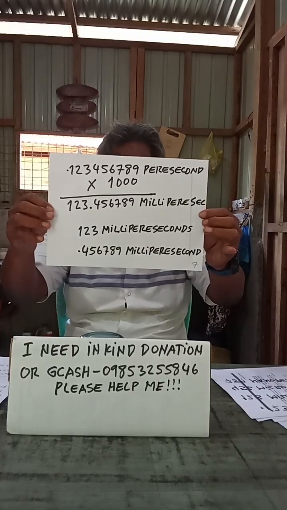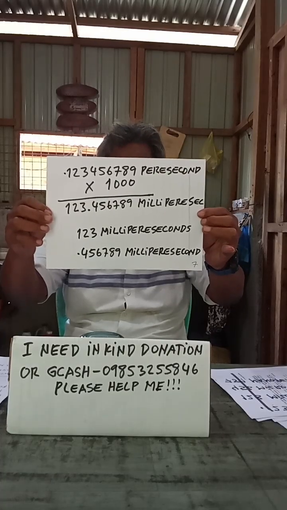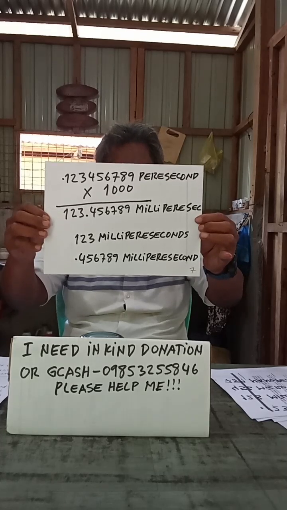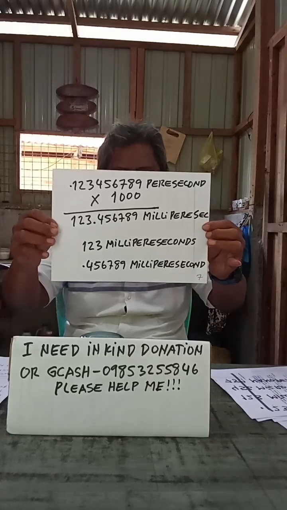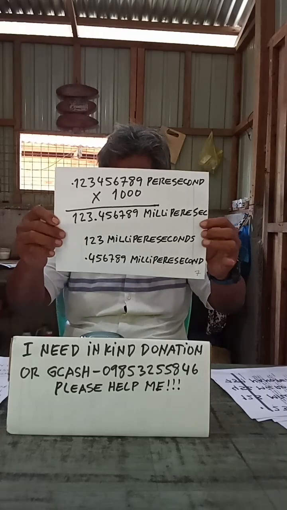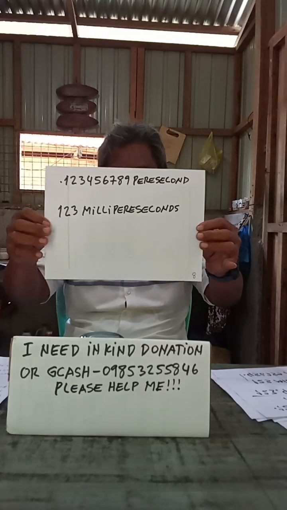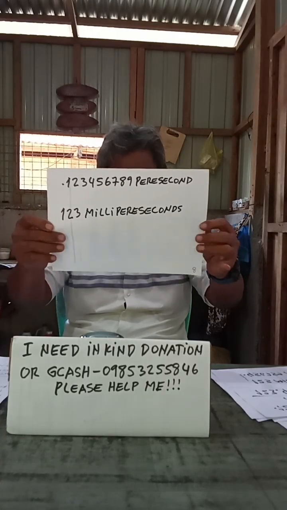Then, put aside the 123 milliperseconds and the remaining is 0.456789 milliperseconds. And we have now 123 milliperseconds from the decimal periseconds.